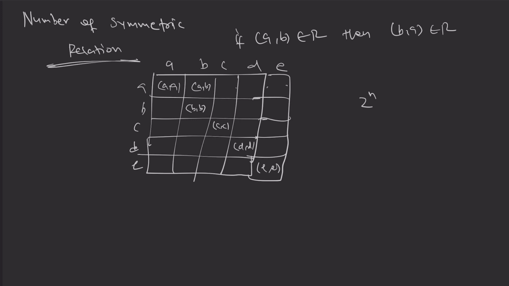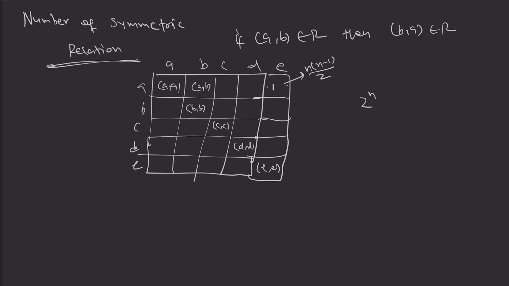Now for this I have 2 choices, for this I have 2 choices. But if I make up my mind that I don't want to put this, then I have already decided that I can't put its partner, because it is not there. So I have to just find how many ways I can put or not put these elements, and these are n into n plus 1, sorry, n into n minus 1 by 2.